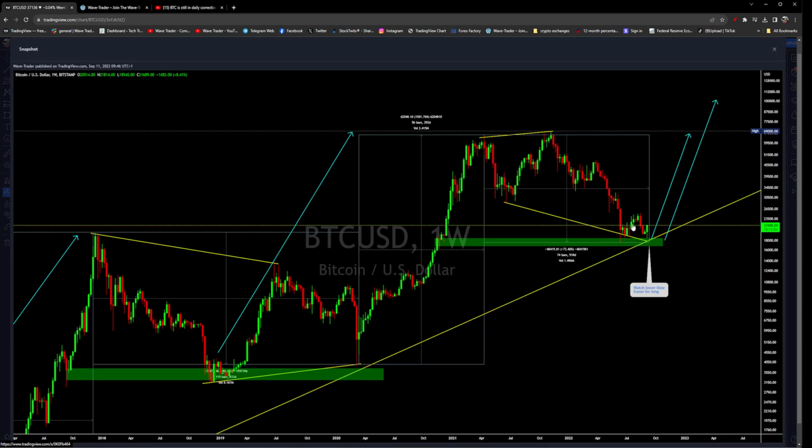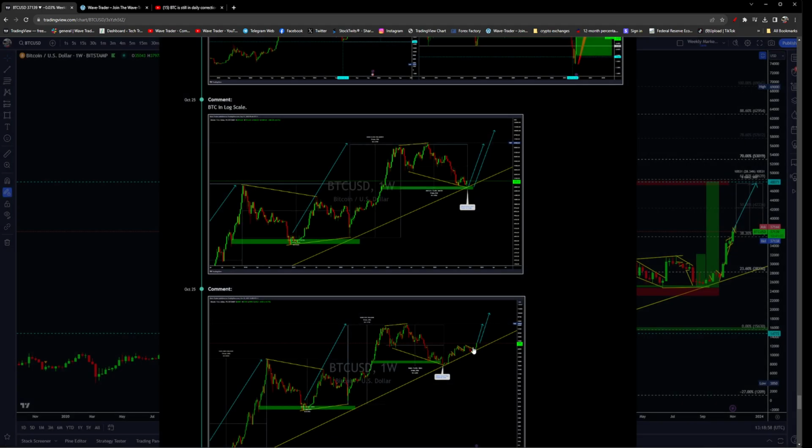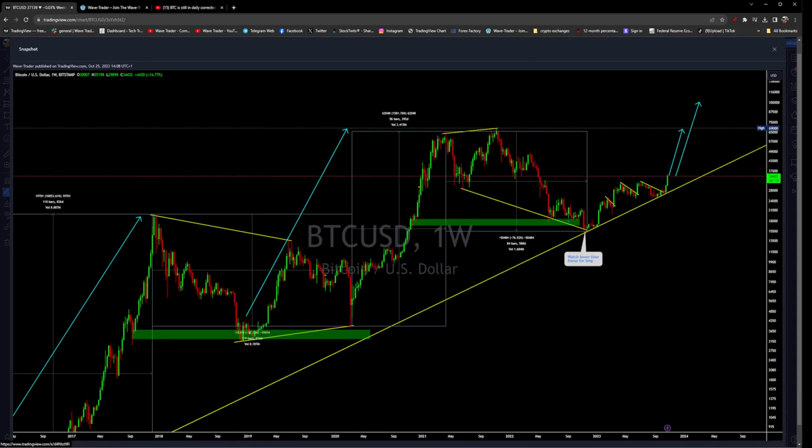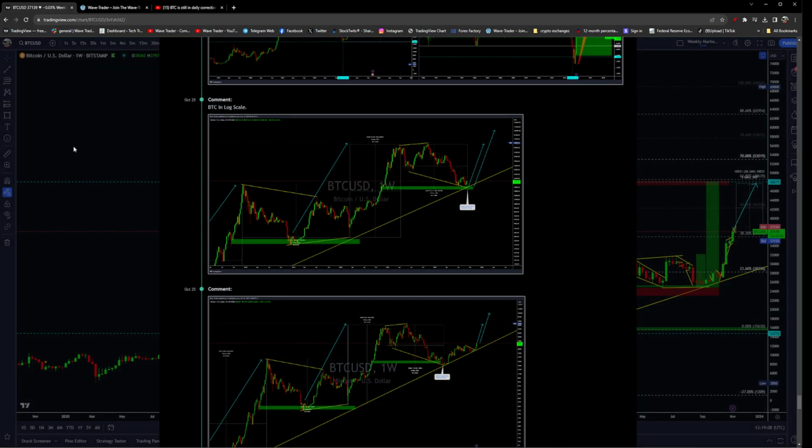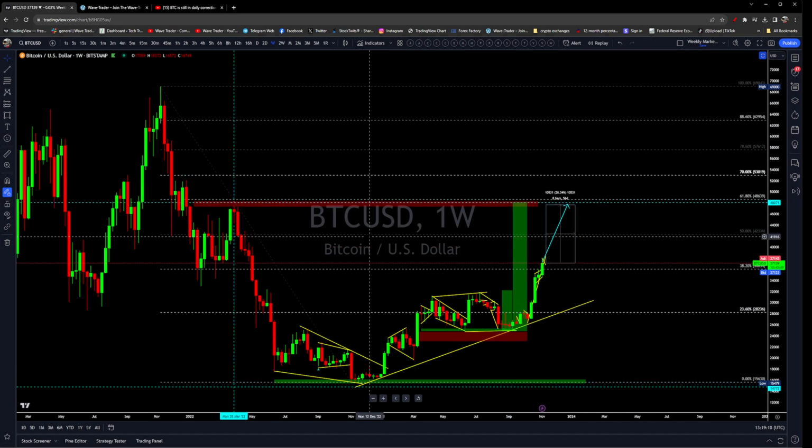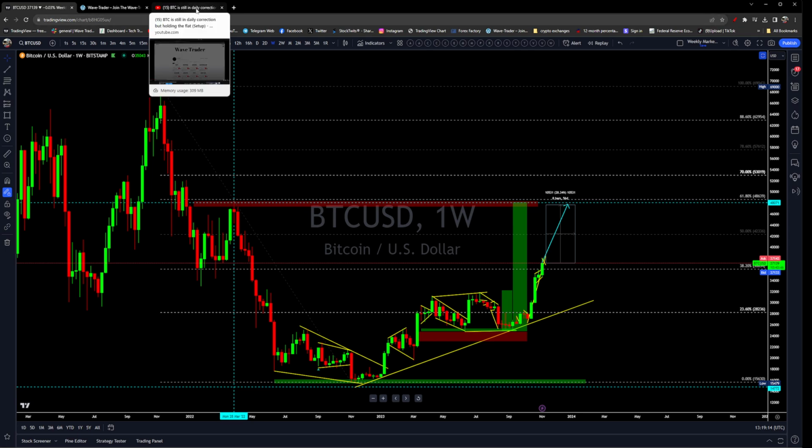This is what we were expecting from this floor, from the 16k area, and this is what is happening right now. We are expecting it to hit this area. This is the target which we were anticipating. It's pushing higher. So let's look at this previous recent video analysis where we were expecting Bitcoin to go higher, and then we're going to talk about what is next.